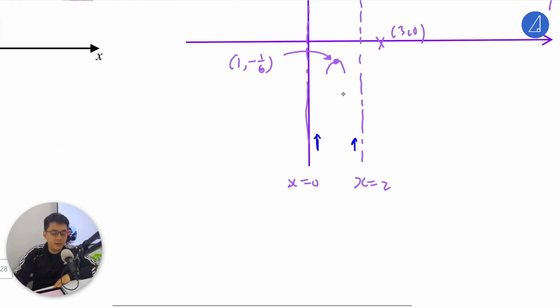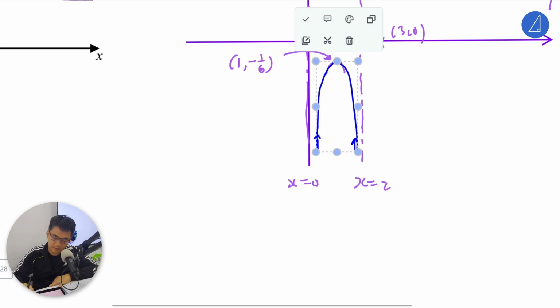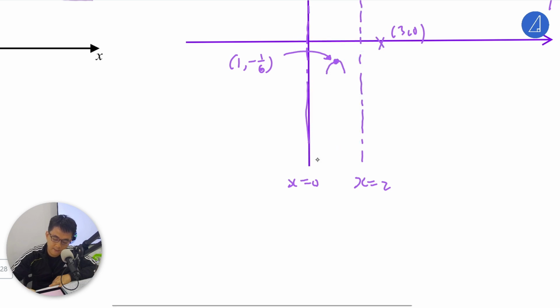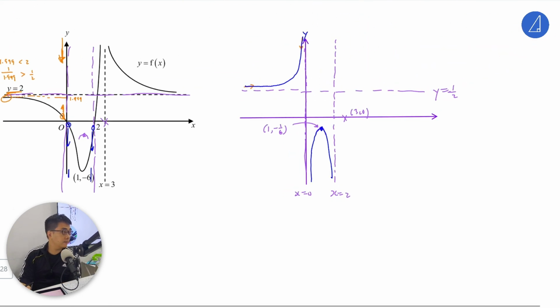Ask yourself, if there's a maximum point here, of course it's just a max point. That's it. So it just goes up, comes down. Is it okay?